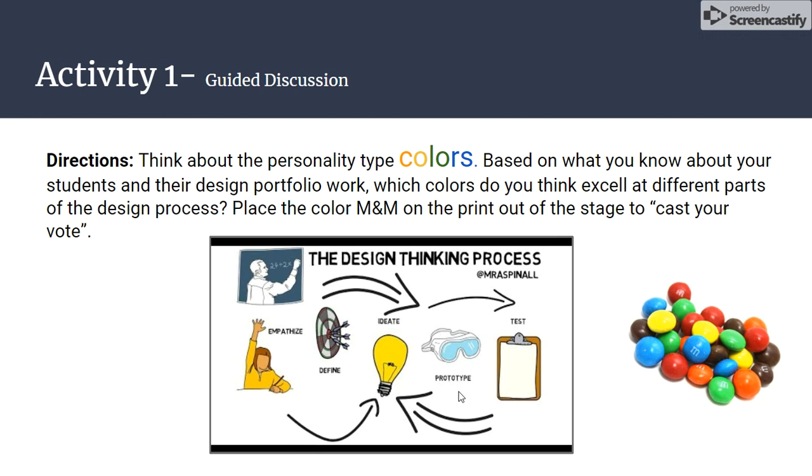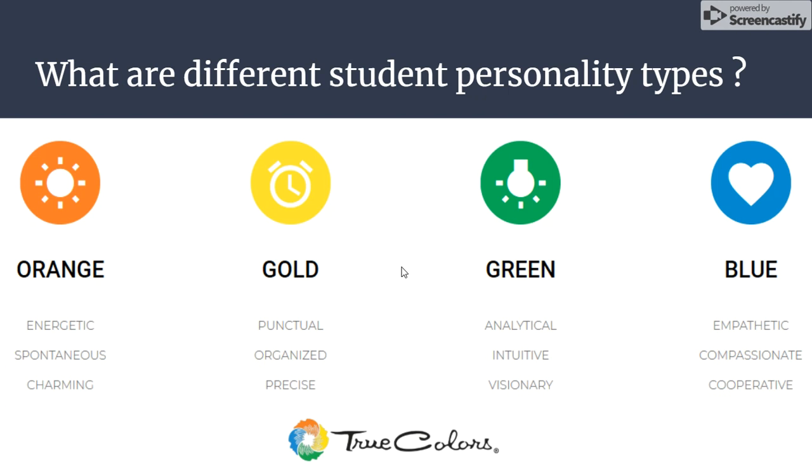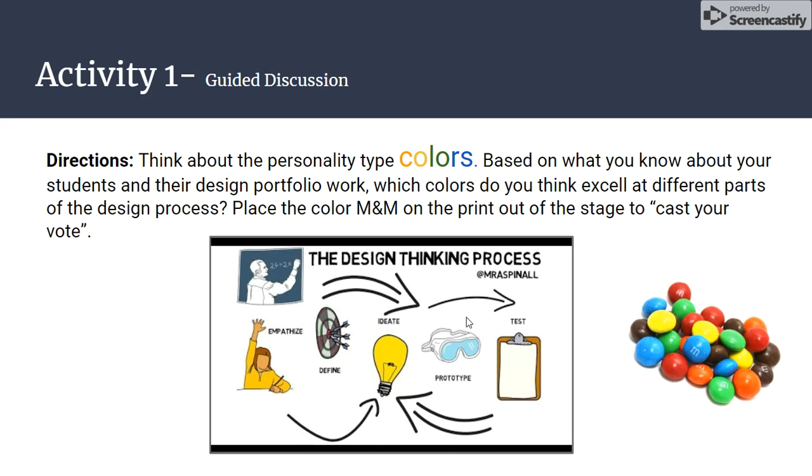Then prototype by building with materials, tools, glue, poster board, wood, and so on, and then test. So we know the major stages of the design process, regardless of which one you use. Look back through your portfolio work, and maybe flip back to this slide, and think about which colors tend to excel at different stages.